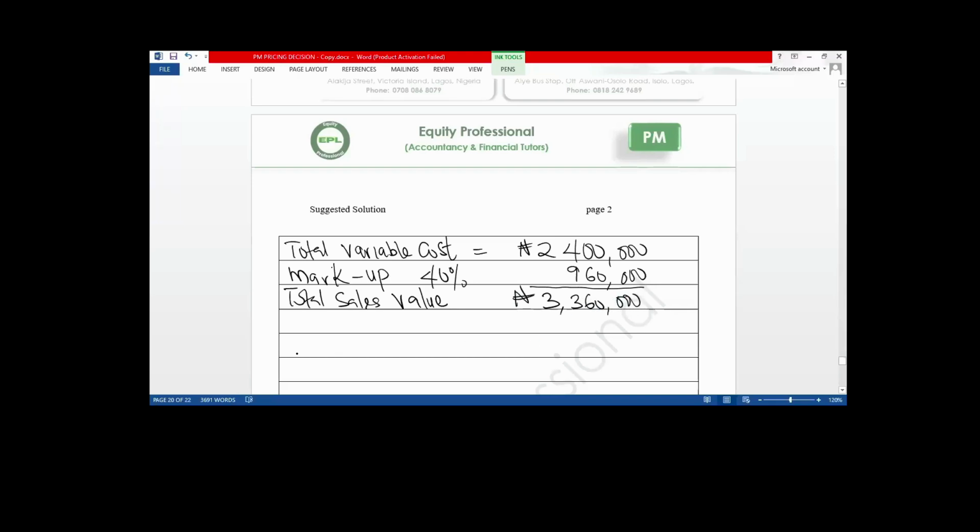Then introduce your volume of sales, as given, 40,000 units.